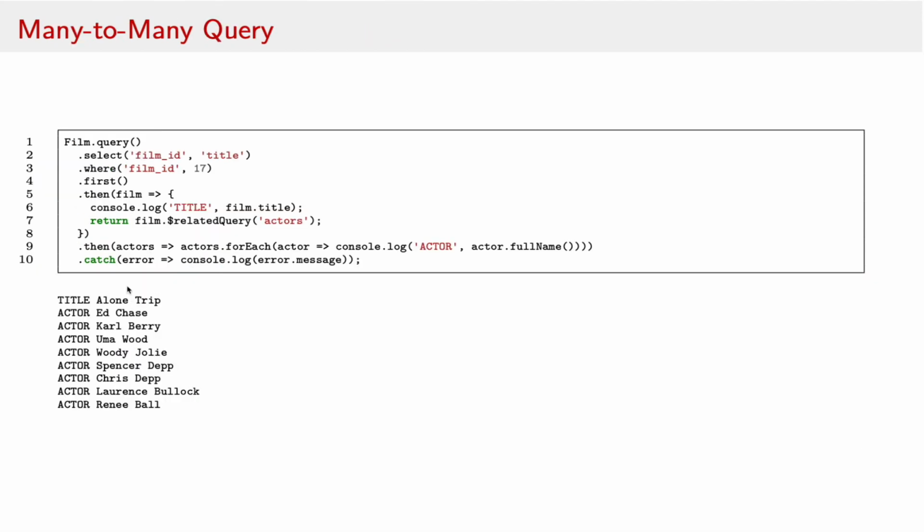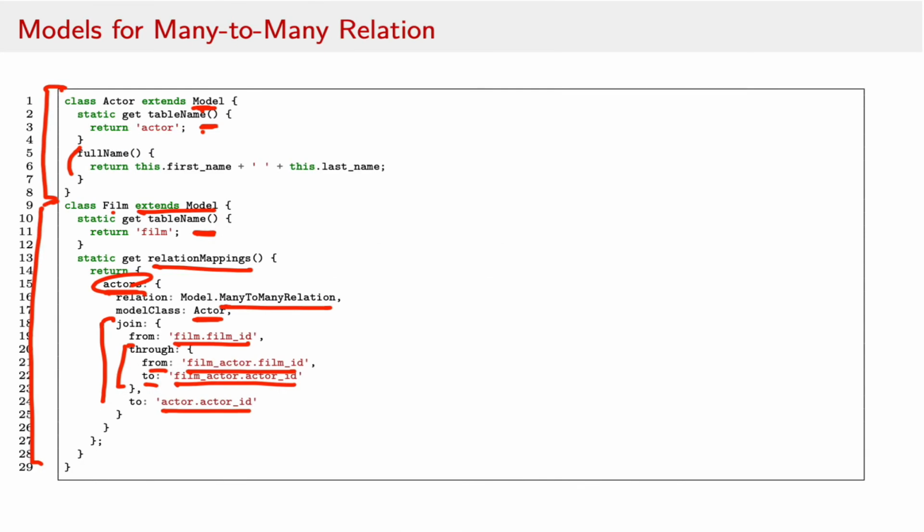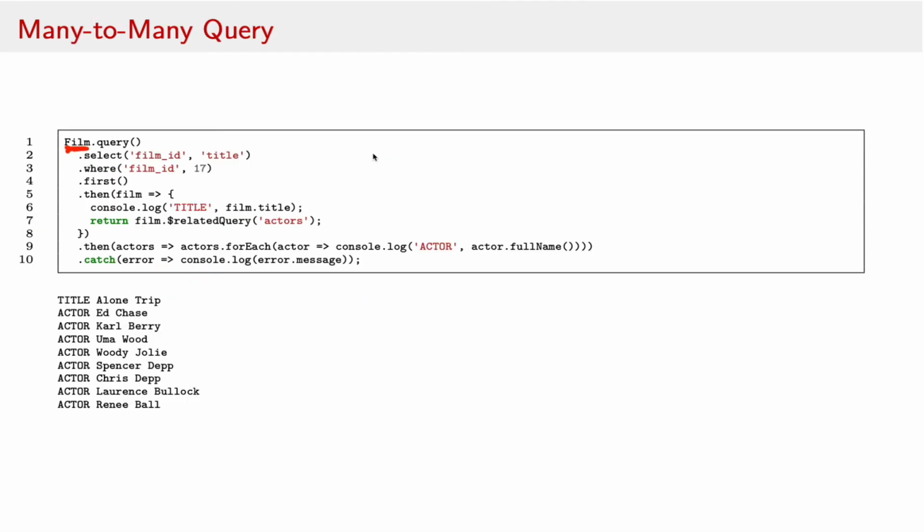All right, so let's take a look at how that looks. Again, because we've defined these relations on the film side, that's sort of where we have to start our query. If we want to be able to go in either direction, as I said, you'll have to do the moral equivalent of this relation mappings function over here on the actor side. But we've just done it on one side.